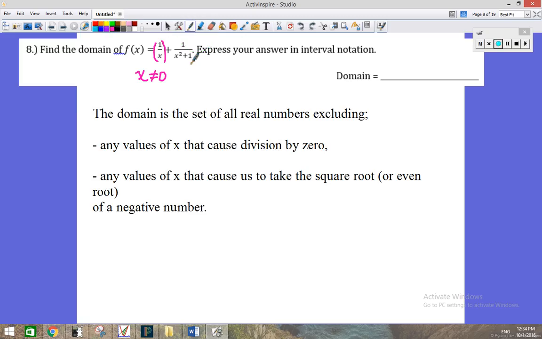When we take a closer inspection of the second term, is x squared plus 1 ever going to result in 0? And see here we say, well, no, it can't, because the smallest that x squared could ever be is 0. And it would have to be equal to a -1 to cancel this +1. And x squared, you can't find a real number that when multiplied by itself gives you a negative value.